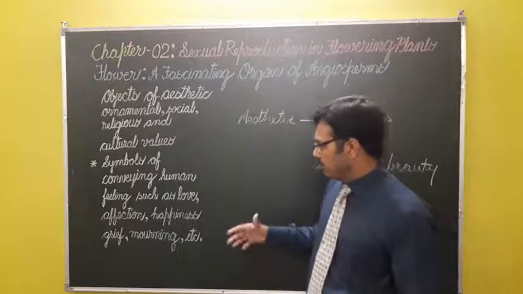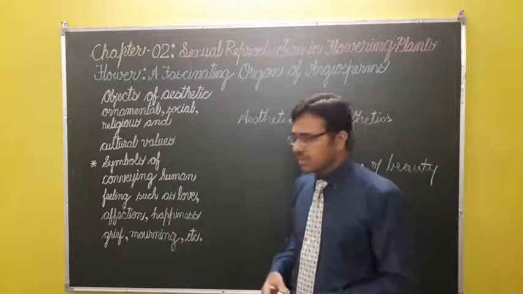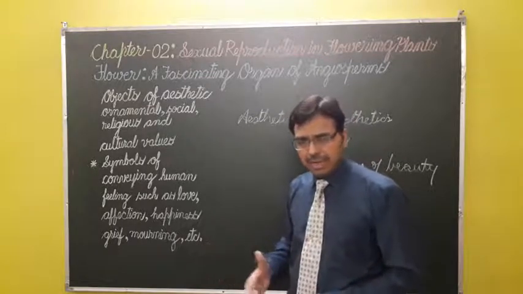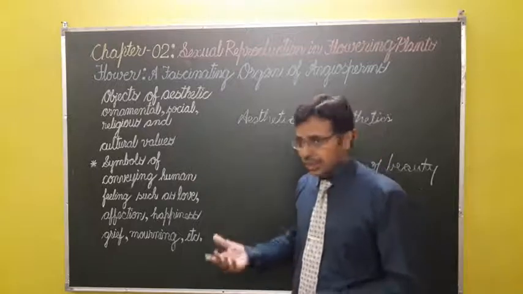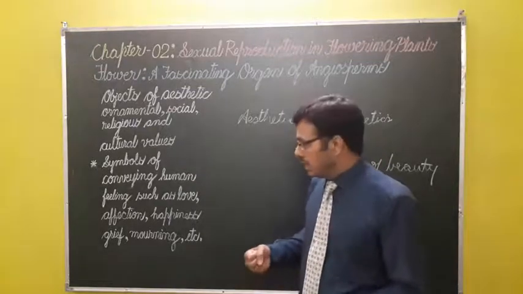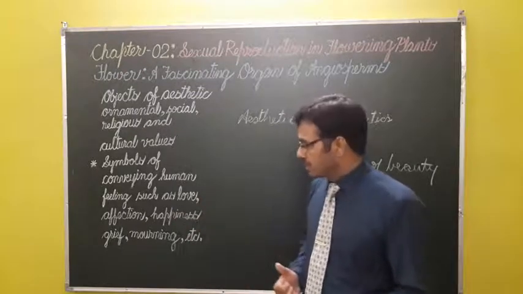Again, when we talk about the same occasions like birth ceremony, or marriage, or any other related condition, there the flowers are used to express the love, the affection or the happiness.